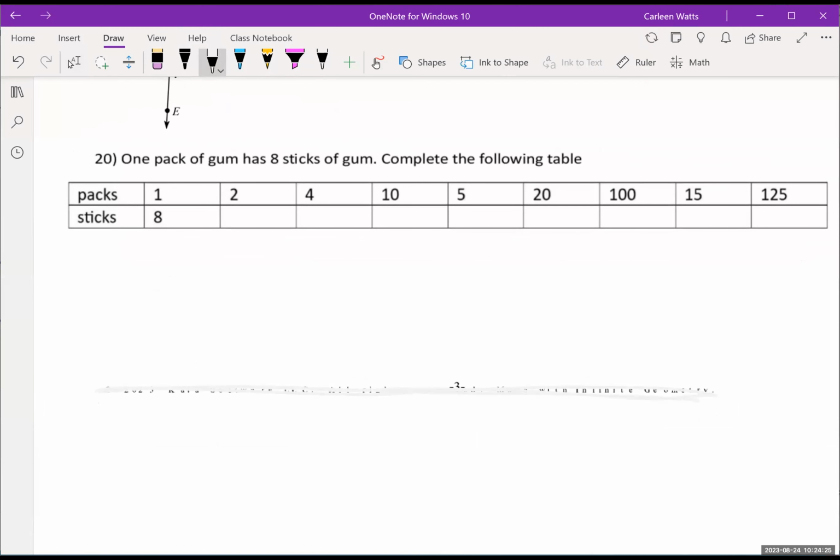Proportional reasoning. One pack of gum has 8 sticks. So, Zoomers, can you tell me how much 2 packs of gum are going to be? Oops, careful.